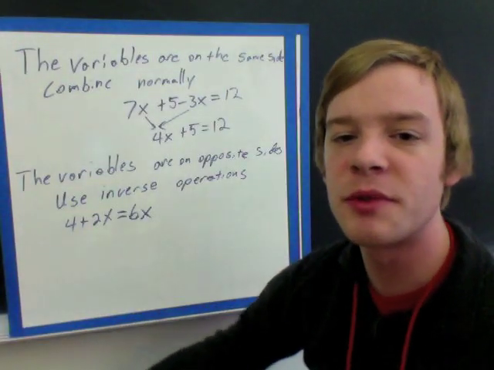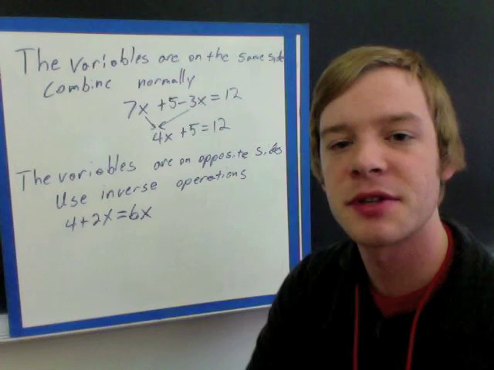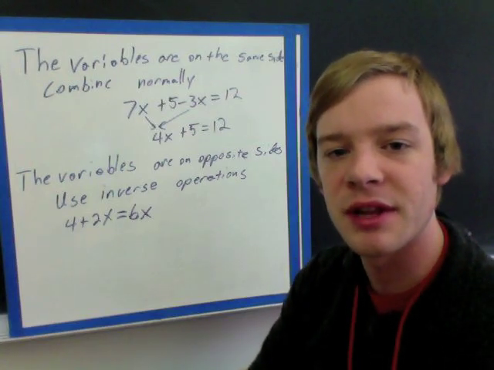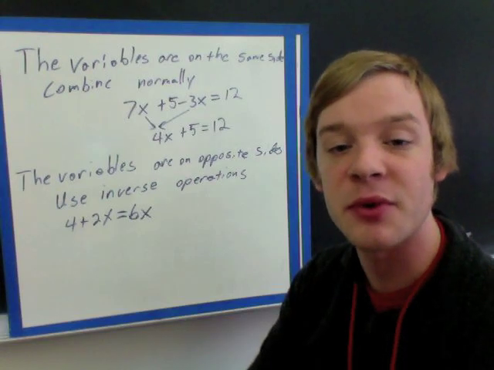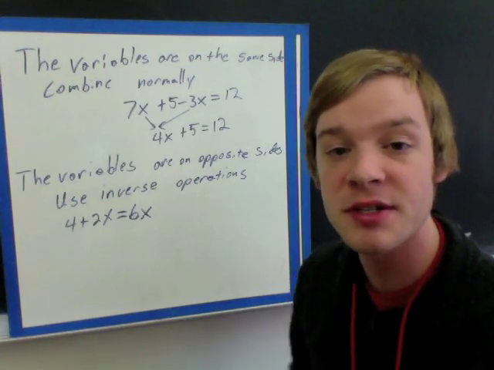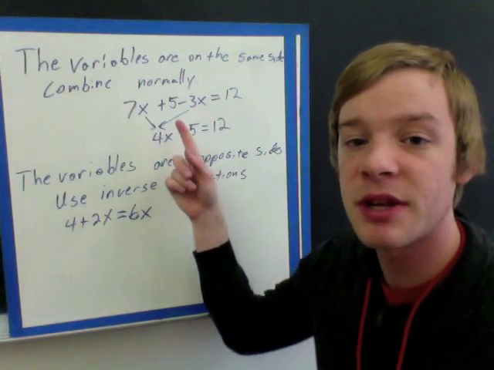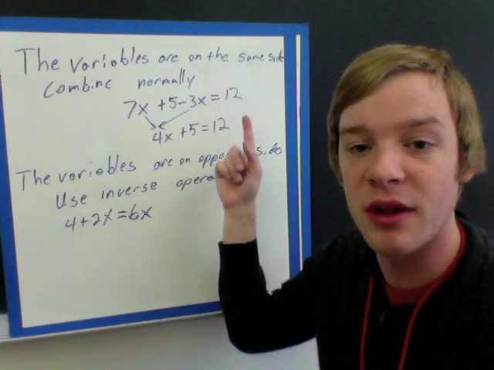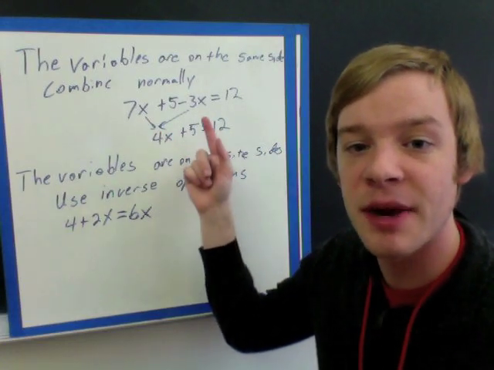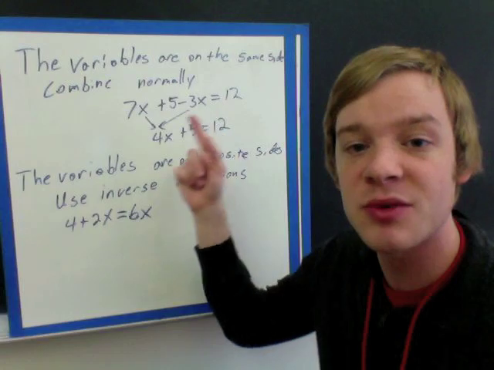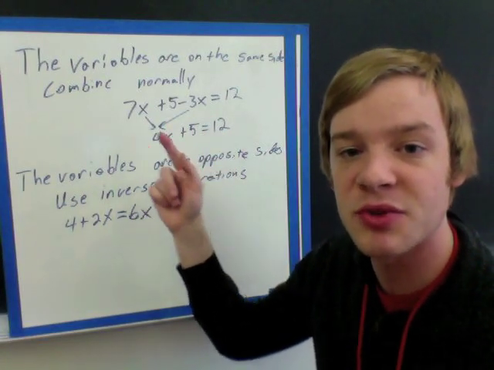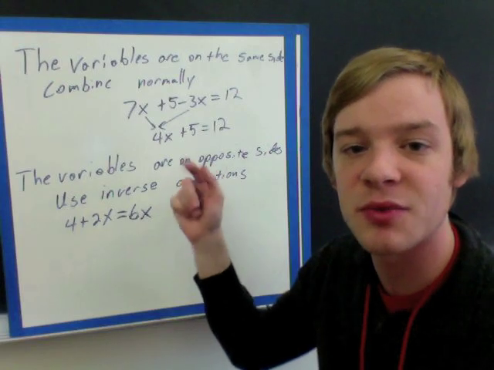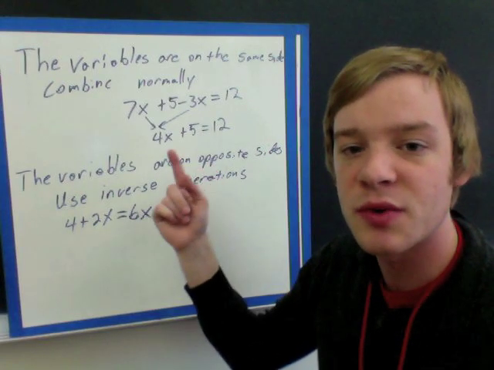First off, let's do a little bit of review over what we said about multi-step equations in the last video. If the variables are on the same side, we combine them normally. For instance, if we have 7x plus 5 minus 3x equals 12, the 7x and the minus 3x are both on the left side, so we just combine those. 7x minus 3x is 4x.